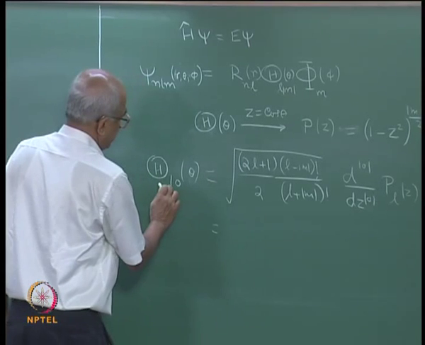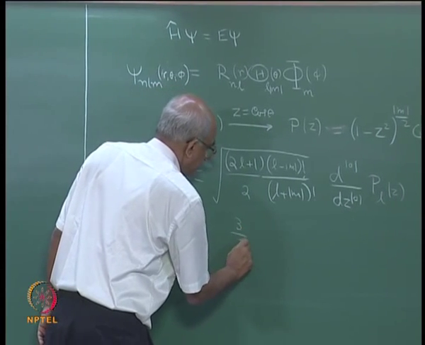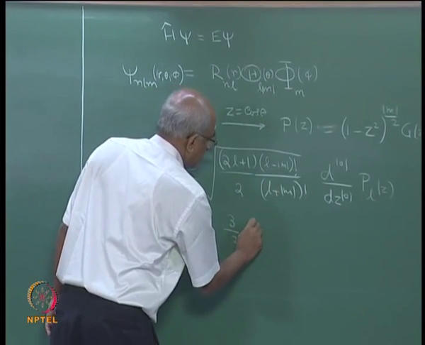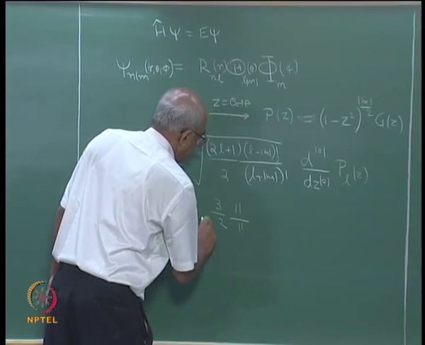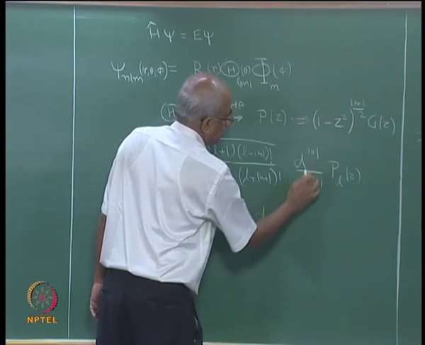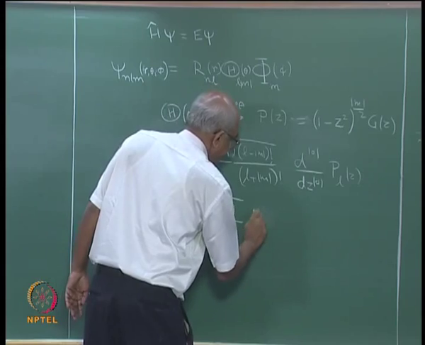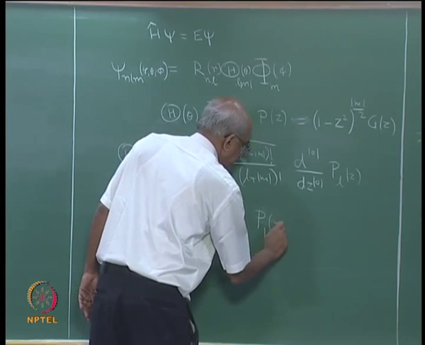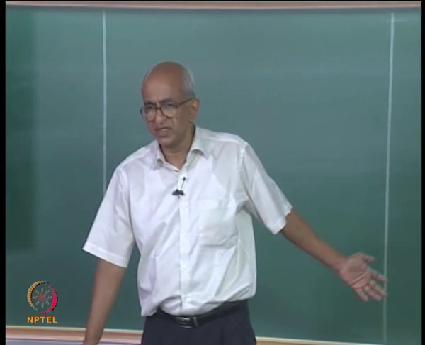Specifically, if you say L is equal to 1, you are going to get 3 by 2, 1 factorial divided by 1 factorial, square root. d to the power of 0 by dz to the power of 0 is just no operation. You will get P1 of z. That is all. This is fairly straightforward.